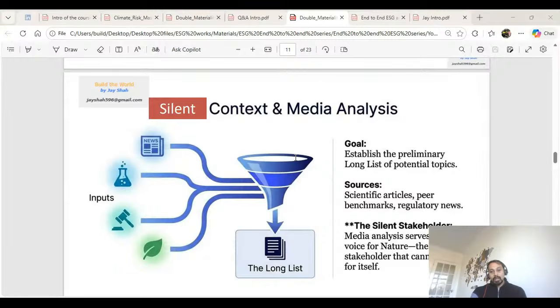If media repeatedly highlights groundwater depletion near your factories or in your country or city, that's a red flag. You have to invest in fresh water for your operations, rainwater harvesting, and catchment areas. So those media analyses, which I call silent stakeholders, you have to do first for the context and scope.